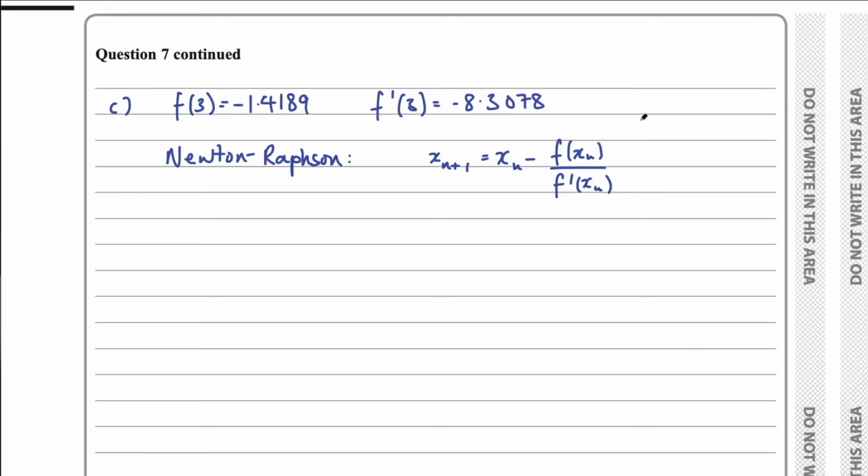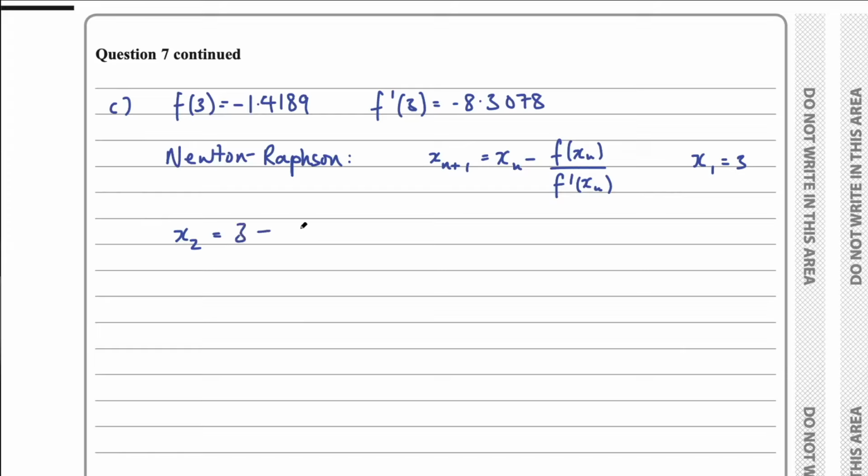And here we had x sub 1 equal to 3. So they've given us x sub n, which is 3. They've given us f of x sub n, or f of 3, and f dash of 3. So they've given us everything. All we need to do is to substitute that in to find x sub 2, or the second approximation.